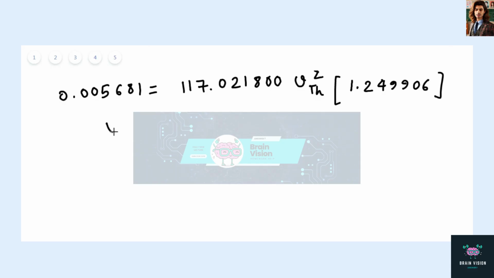Alright, so finally V thorium square would be 217.218.